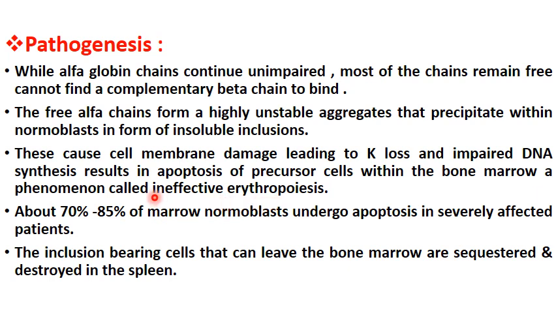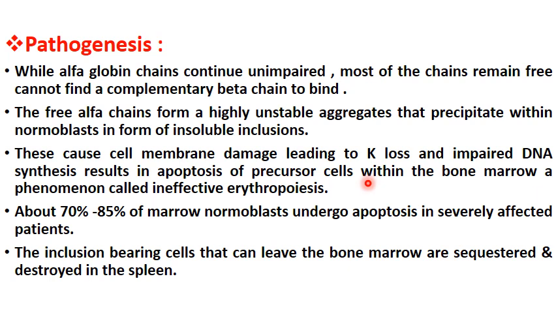The bone marrow increases its production, but the production is ineffective because the free alpha chains form highly unstable aggregates that precipitate in the normoblast. So it leads to damage to the cell membrane, potassium loss, impairment in DNA synthesis, and apoptosis of the precursor cells inside the bone marrow.